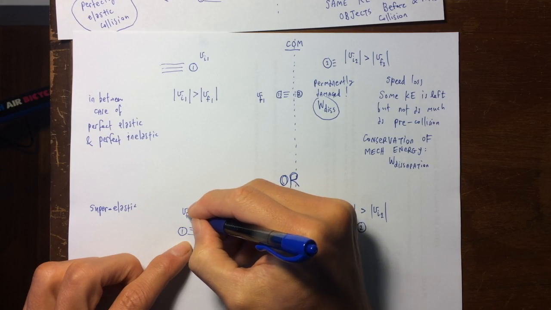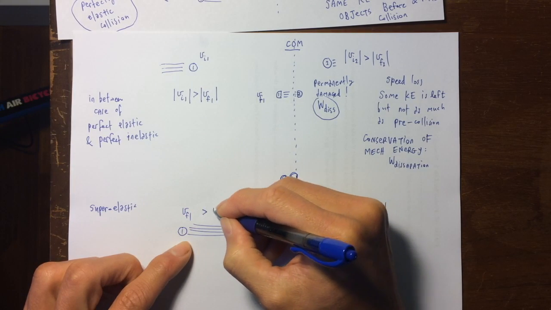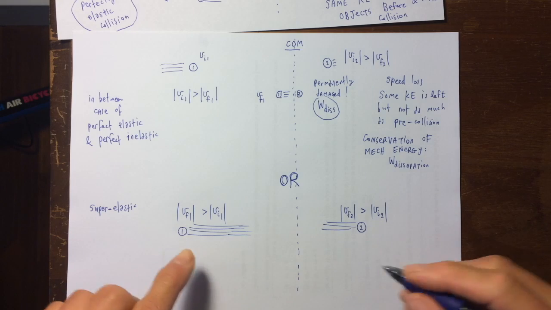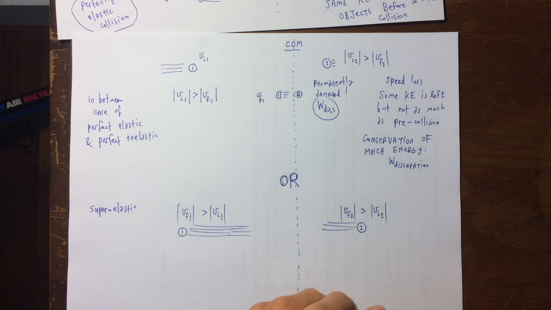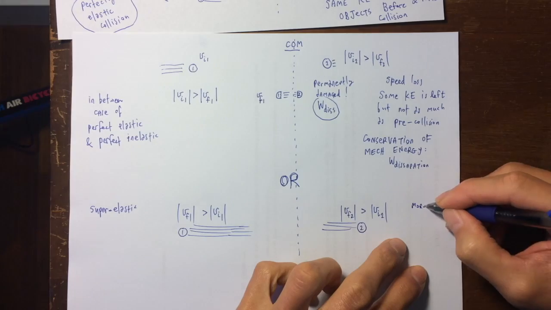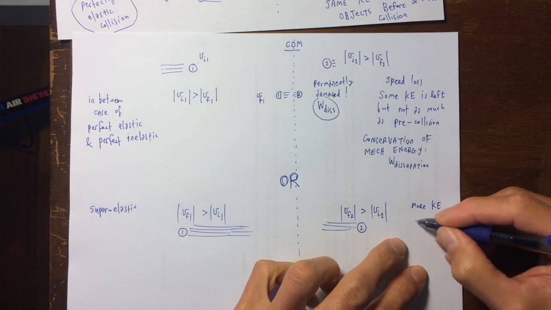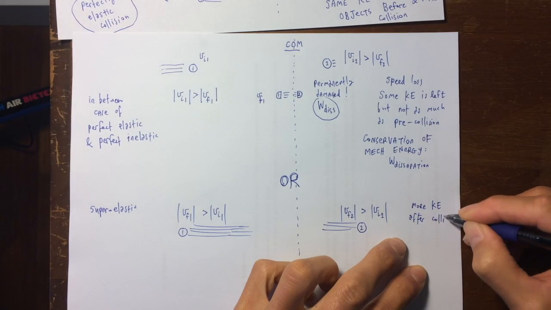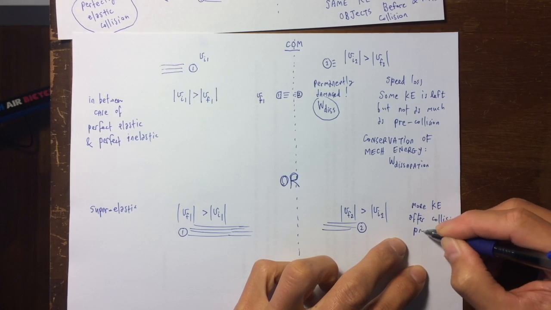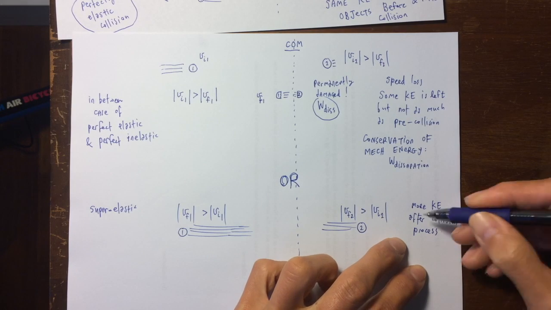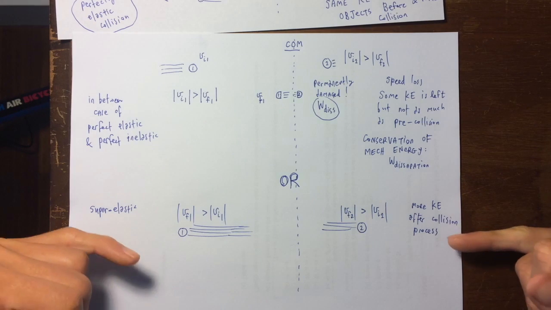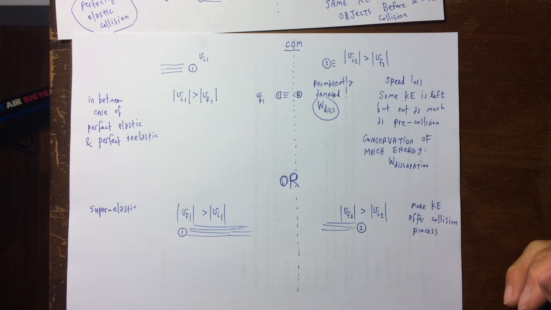So V final for number one is way bigger than V initial for number one when you talk about speeds. So in this super elastic case, there is more kinetic energy after this really interesting collision process. So there's more kinetic energy. This is referred to as a super elastic collision.